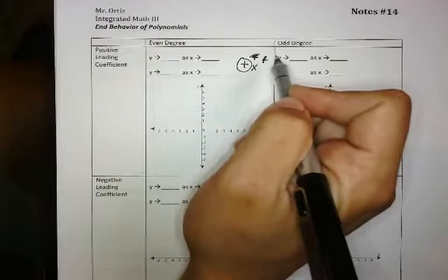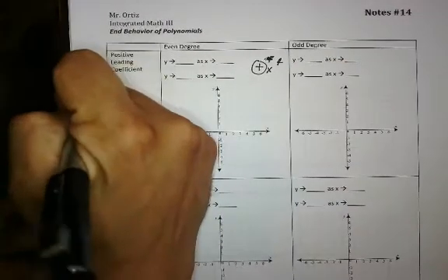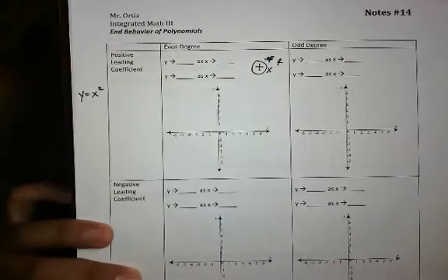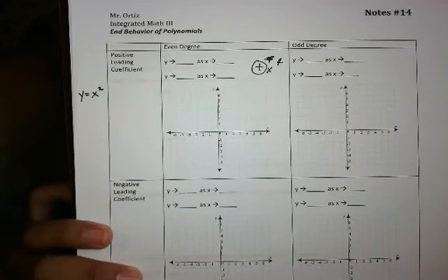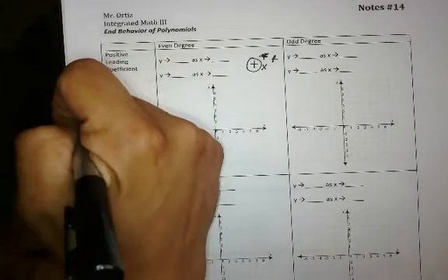So the way a positive and even graph looks is very similar to when we have y equals x squared. What does the x squared graph look like? It has 2 intercepts, but what does the graph look like? A parabola. Very good.